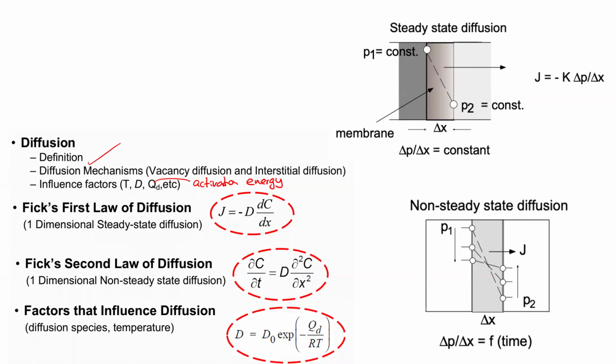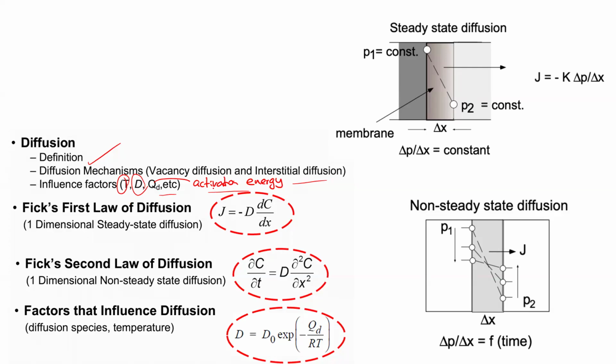Likewise, the material can transfer from a high concentration to low concentration. And also diffusion can happen in interstitial diffusion via interstitial atoms. Small atoms can squeeze in between the big atoms, so we call that interstitial diffusion. This diffusion is influenced by the temperature, diffusion coefficient, and also the activation energy.